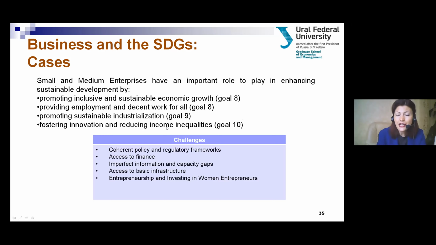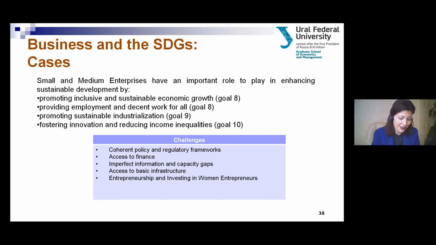We had a research project with some Eastern European and Western European colleagues, and we were comparing how small and medium-sized companies in the beverages industry were developing their strategies towards SDG.